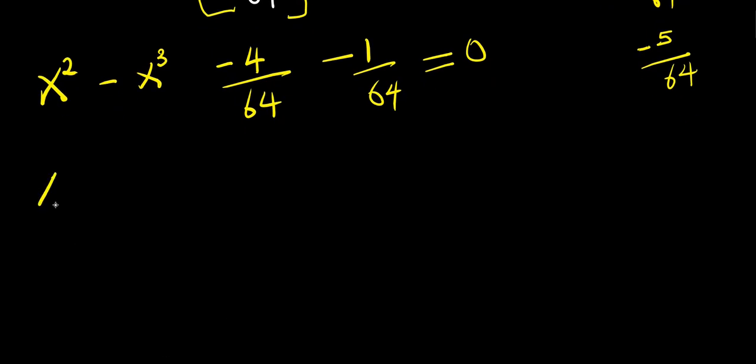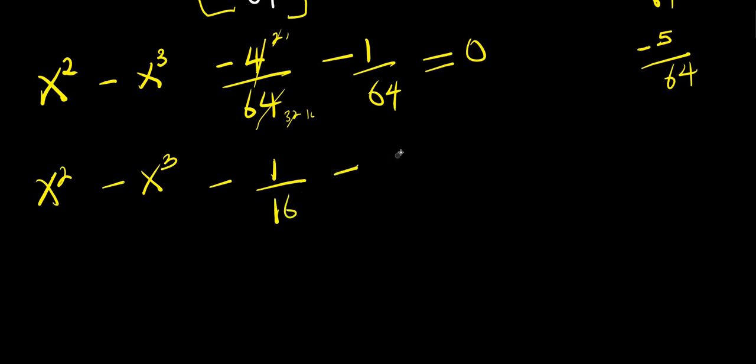So from here we can have x power 2 minus x power 3 minus, here, 4 can easily divide itself. Okay, 2 divide this, 2 divide this 32, 2 divide this 1, 2 divide this 16. So this is just like having negative 1 over 16 minus 1 over 64 equals 0.